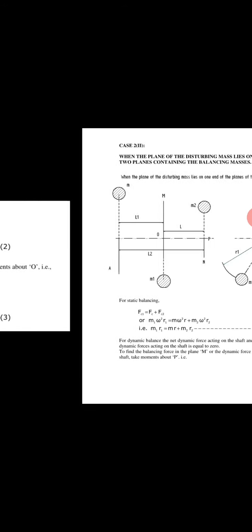Now for dynamic balance, the net dynamic force should be 0. To find the balancing force in the plane M, or the dynamic force at bearing O of the shaft, we take moments about P. Then the centrifugal force Fc1 into L should be equal to the centrifugal force of the disturbing mass into L2, or M1 omega square R1 into L equals M omega square R into L2.